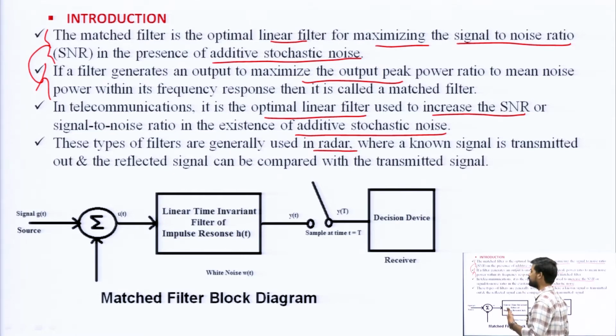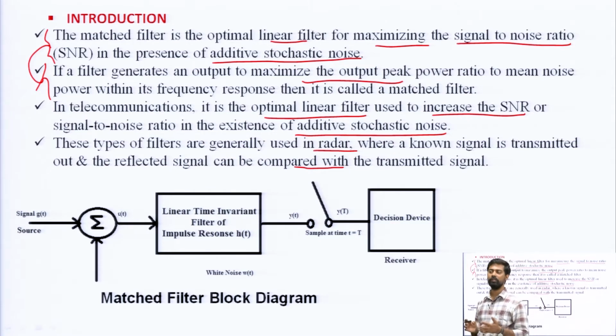Where is the application of the matched filter? It is mainly used in radar, where a known signal is transmitted and the reflected signal can be compared with the transmitted signal. If both signals are equal, then we can say that these two signals are matched. This is the basic block diagram of a matched filter.